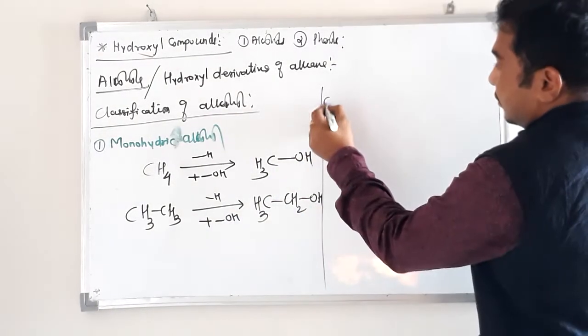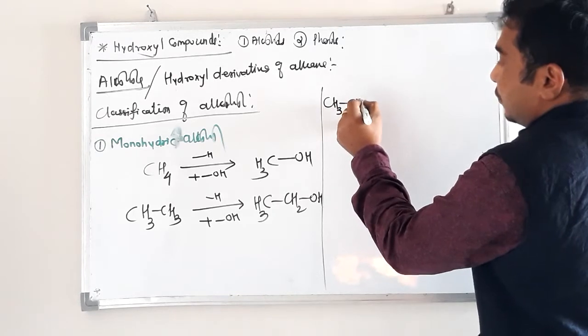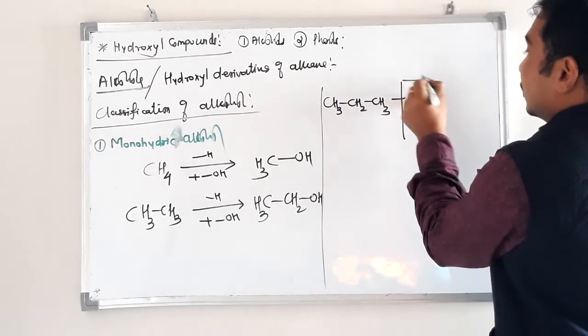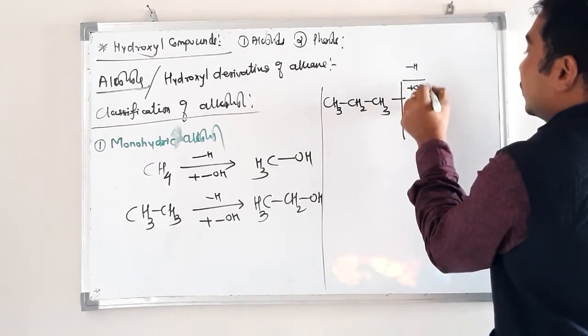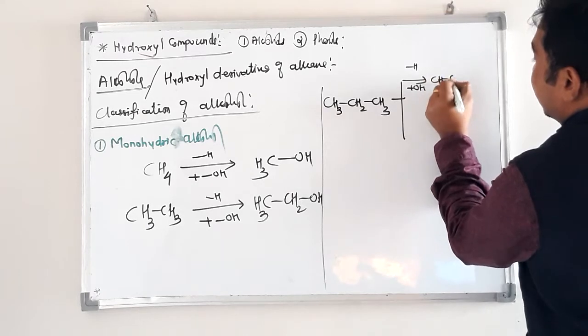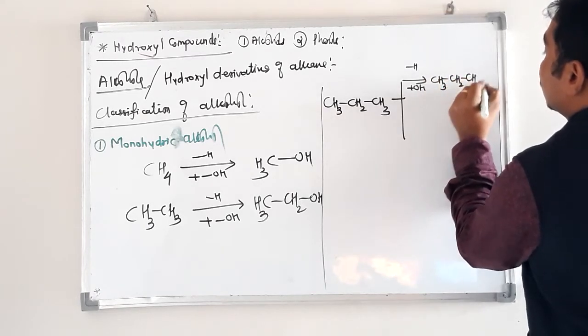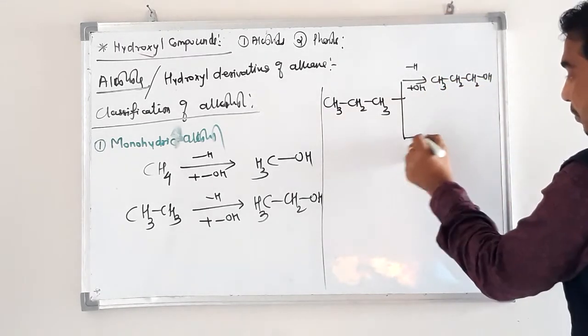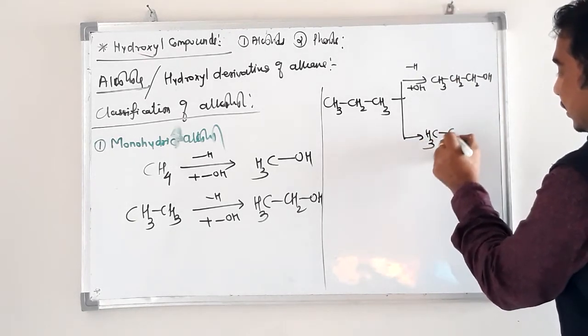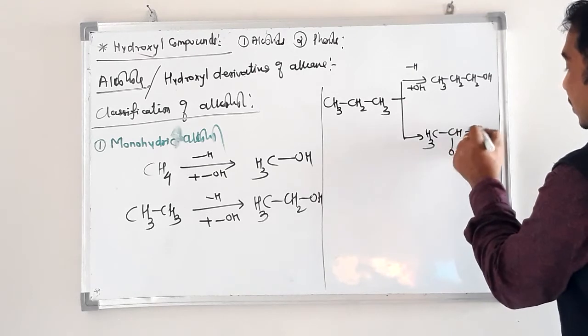Take propane, from propane we can attach the OH group at two different positions. Replace one hydrogen by OH group. If we replace terminal hydrogen, then we get CH3CH2CH2OH. If we replace hydrogen from the middle carbon, then CH3CHOHCH3.